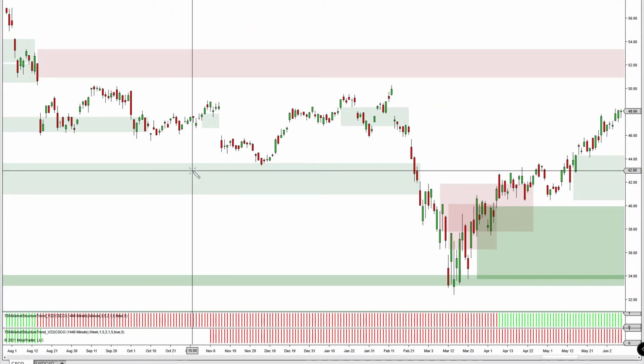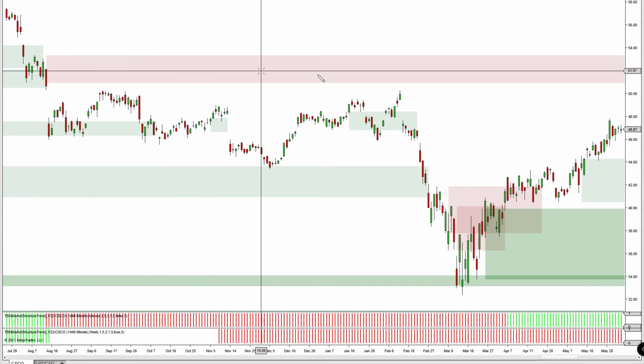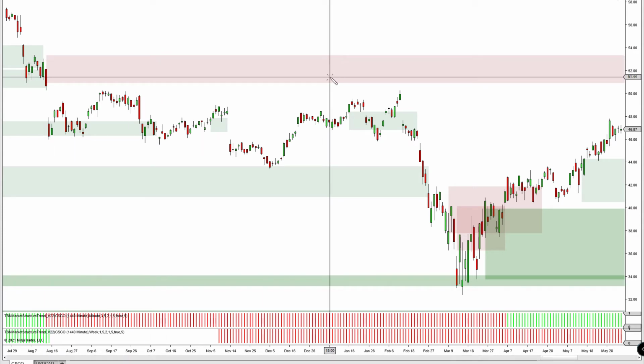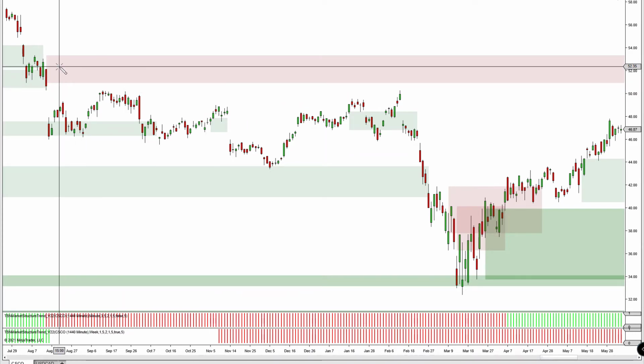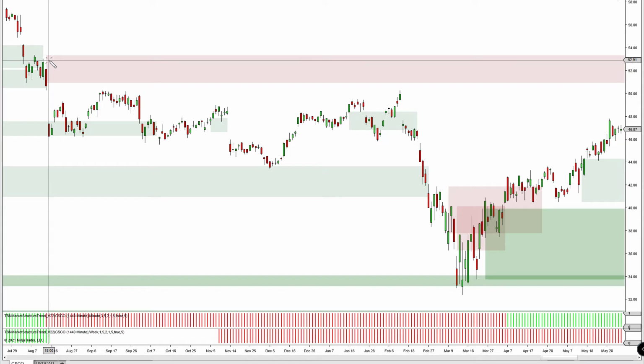Well, that is because of this red zone up here. So this is, I'm going to say this in full transparency, actually one of the negatives of using aggressive market structure to determine trend. You can see what's happening.